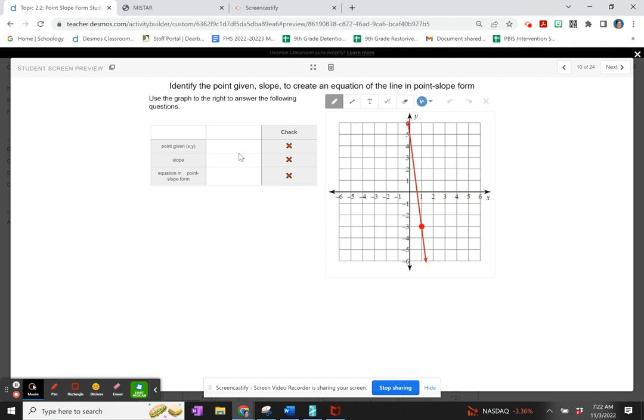Same thing with here. I see a point 1, don't forget the comma, negative 3. And this is a very steep slope. So I just see an ordered pair of 0 comma 5.